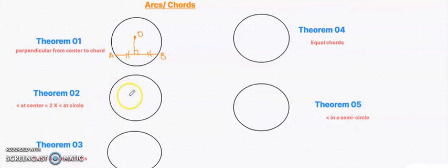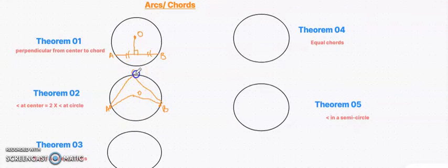Now a second theorem says if an arc AB, remember what an arc is? If an arc AB subtends an angle at the center of a circle, this angle AOB is 2 times the size of an angle subtended by the same arc on the circle.